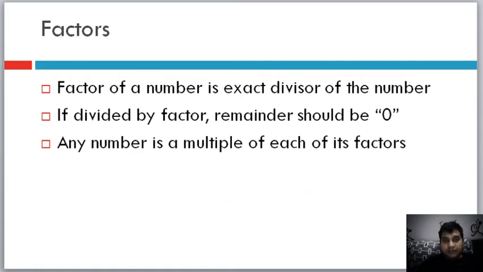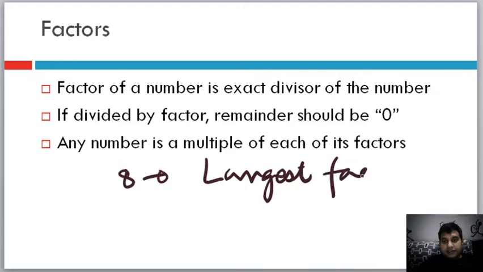Now in that there is one thing which is very important, that when we talk about factors, the number itself is the largest factor. Okay, the rest of the other factors will be smaller than it, because factors have to divide it completely. So if it is larger than the number, it will not be able to divide it.